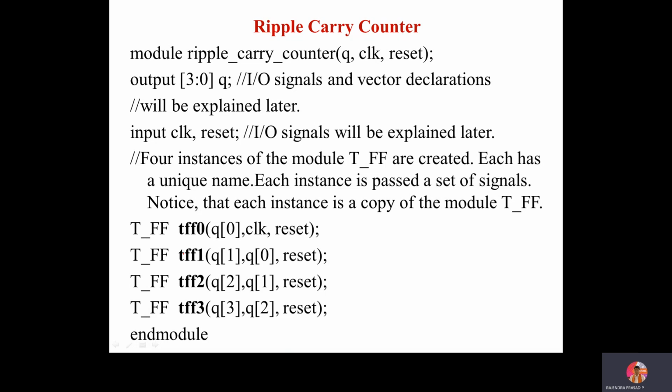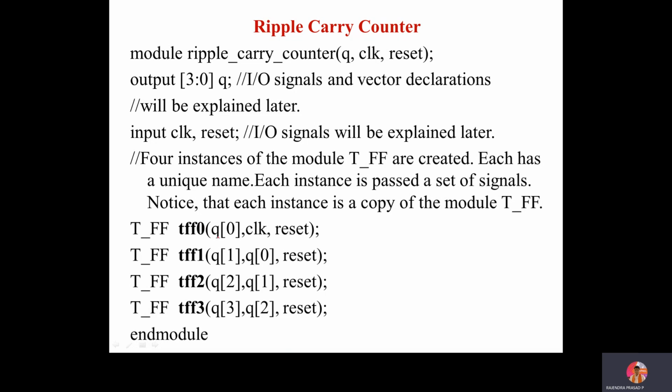So these 4 instances are all nothing but the T flip flop. This is what we call the gate level or switch level type. I have written TFF, which is the toggle flip flop, TFF0, because you have 4 instances.